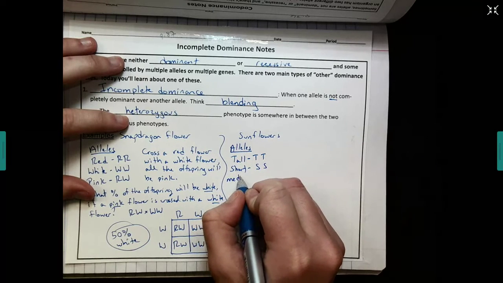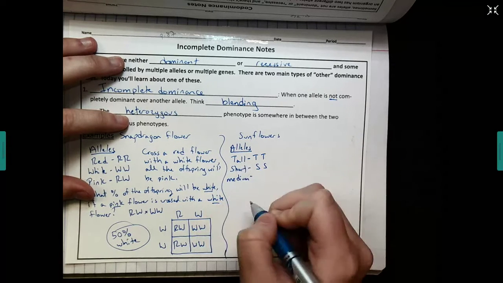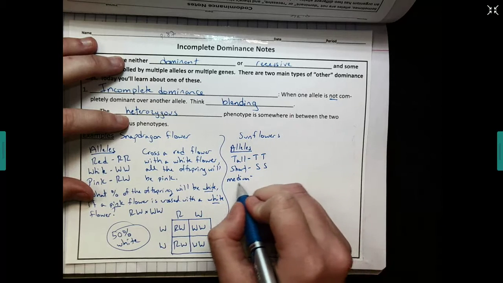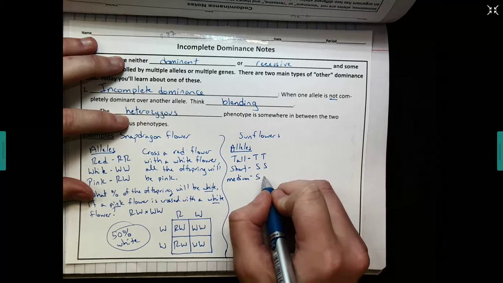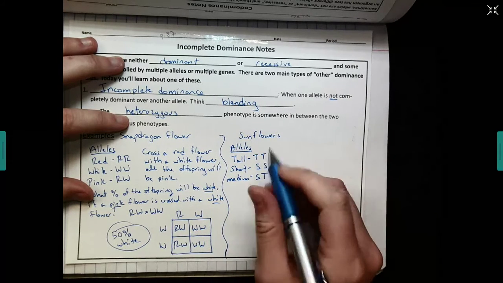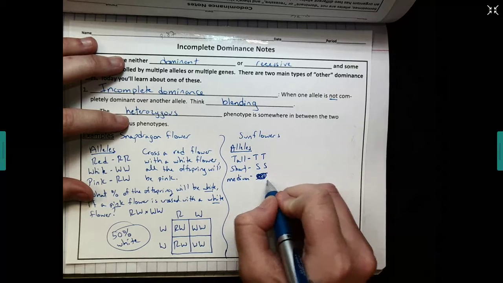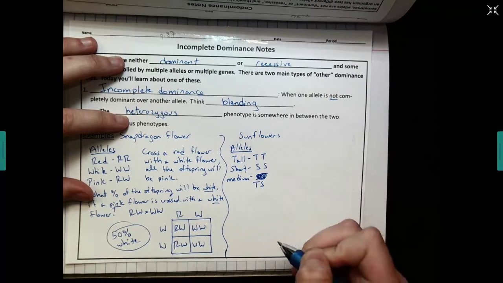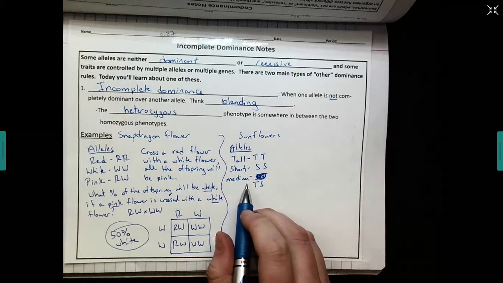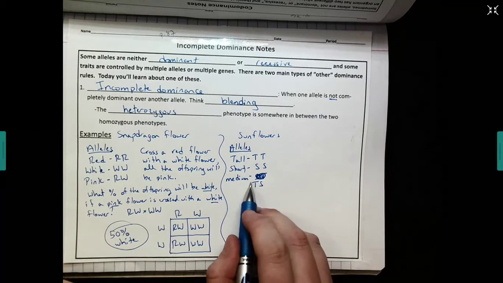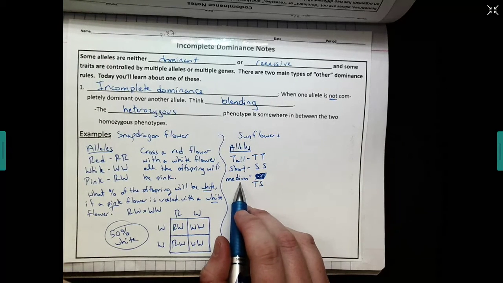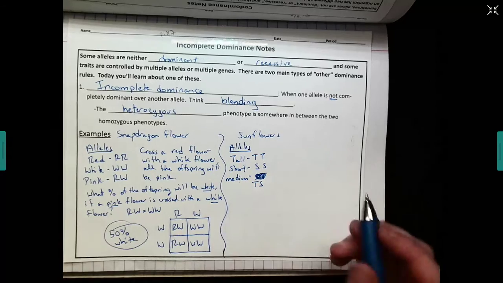But if they blend, if I cross a tall and a short sunflower, I get a medium sunflower. So that would be, oops, sorry, I wrote that backwards. I apologize. TS. So that is my blending, or my incomplete dominant medium version for sunflowers.